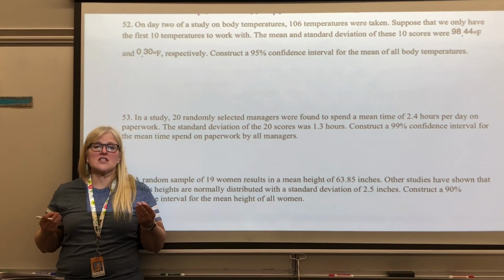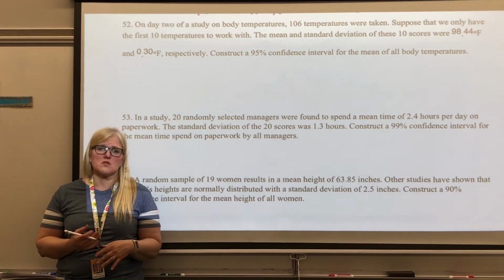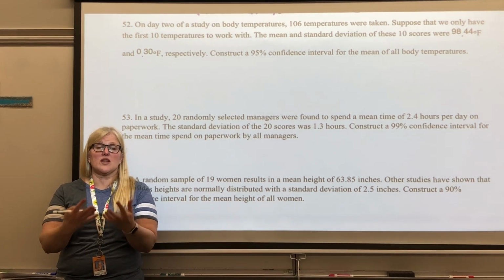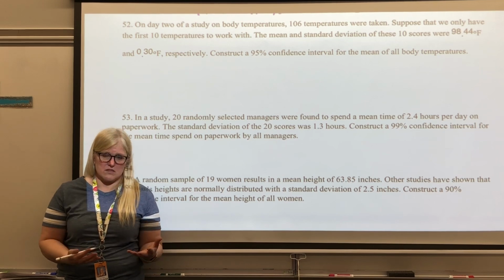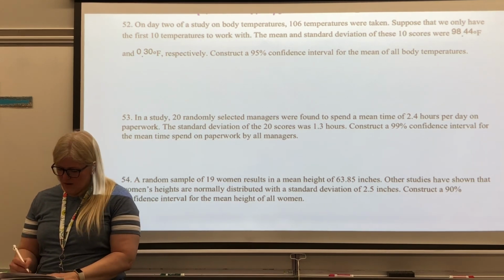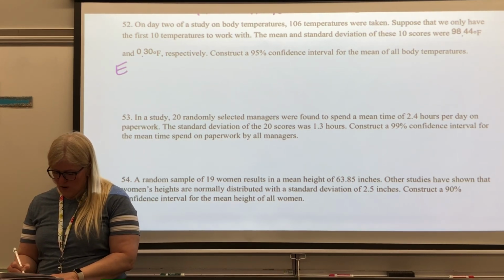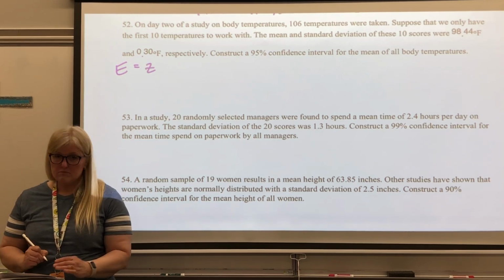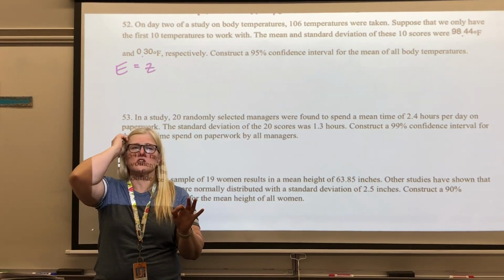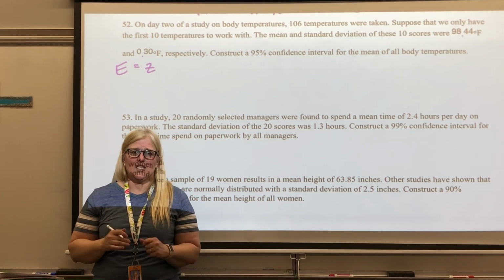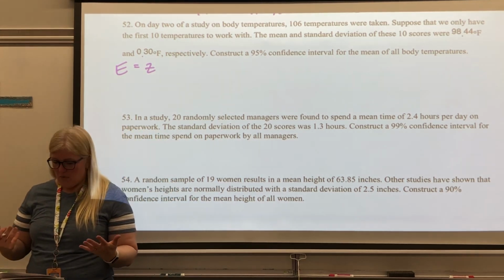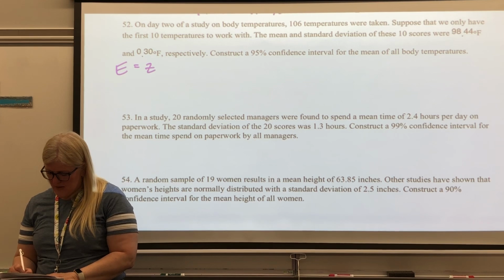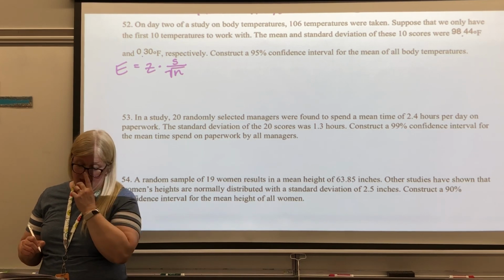Okay, so this is very similar to what we were just doing with margin of errors, but this time we can actually put a confidence level with it. Instead of 1 over the square root of n, we have z, which is our z value, which gives us our confidence number, times s, the standard deviation, over the square root of n.